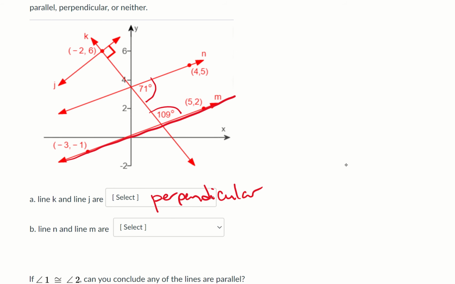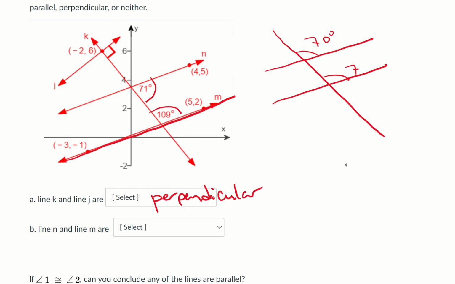It turns out, if you have any pair of parallel lines cut by a transversal, these angles right here, if this were 70 degrees, then this would also be 70 degrees if they're parallel. However, if this is 70, then this has to be 110 because these 2 angles make a half circle, right? It's called a straight angle.